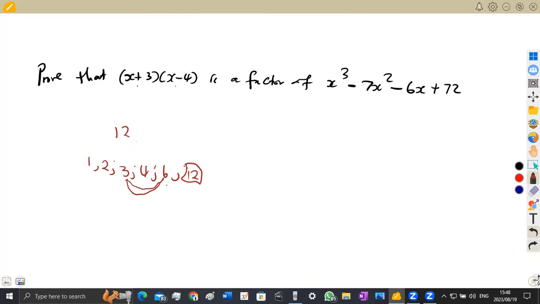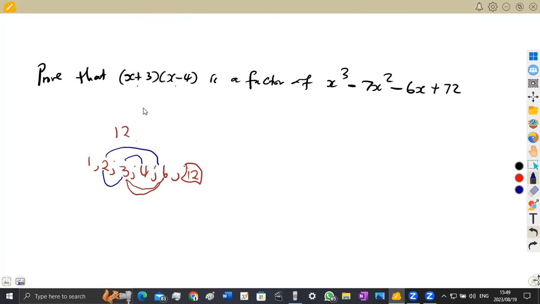Yes, we can have a consideration of such particular terms, like having 2 and 3, or 3 and 4, or 2 and 6. It can happen like that.